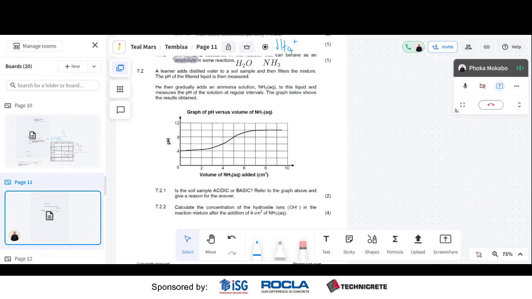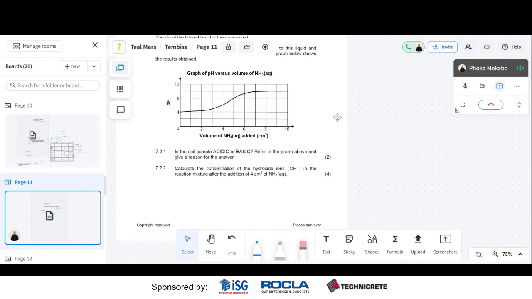He then gradually adds ammonia, notice there's an A, so NH3, to this liquid and measures the pH of the solution at regular intervals. Every now and then you're going to add ammonia, NH3, because the N has 3 H's to it, and they will measure the pH at regular intervals. The graph below shows the results obtained.